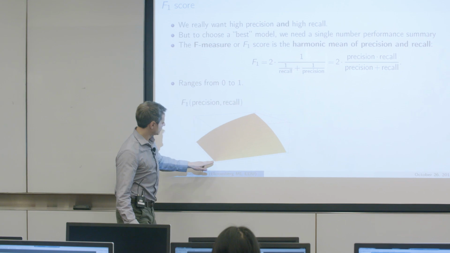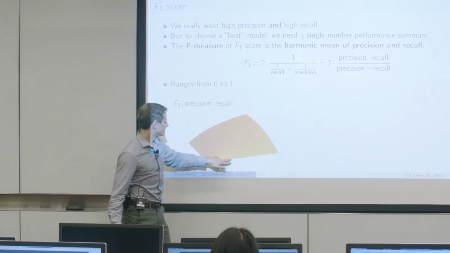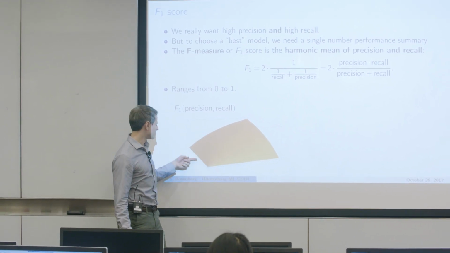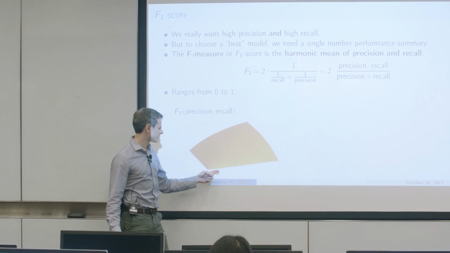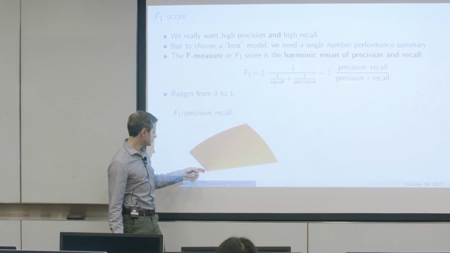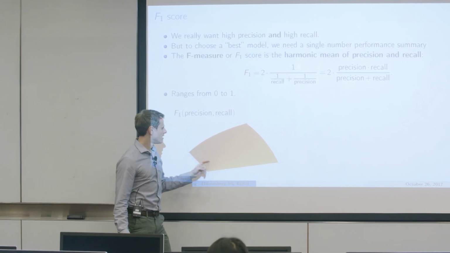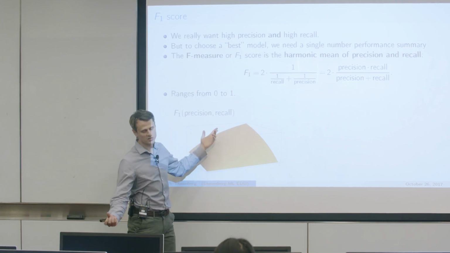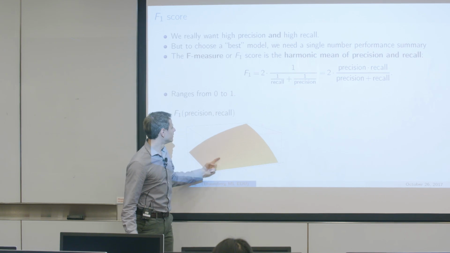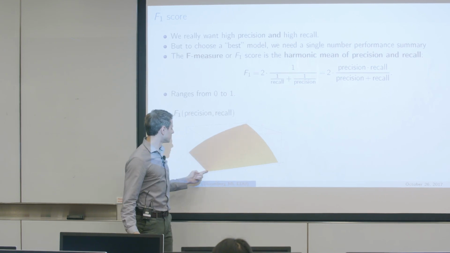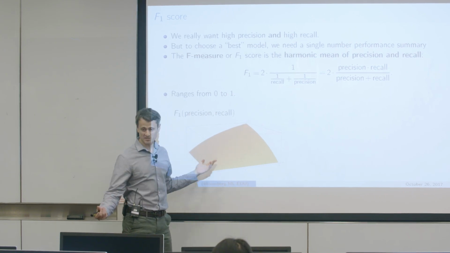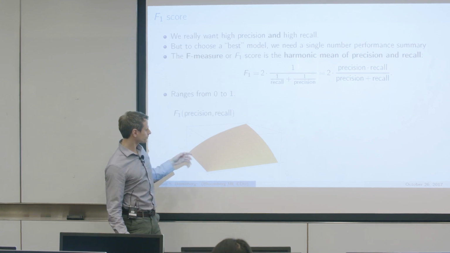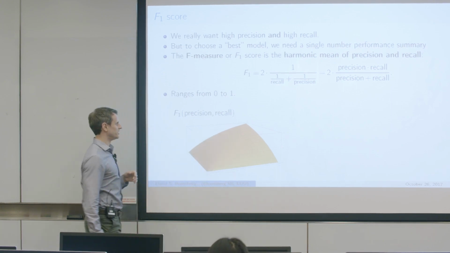So that's what the edges of these graphs are. This surface is the harmonic mean of the x-axis and y-axis. It goes to 0 at the edges. And on the x equals y line, or precision equals recall line, the harmonic mean is itself precision and recall, and then it interpolates smoothly in between.